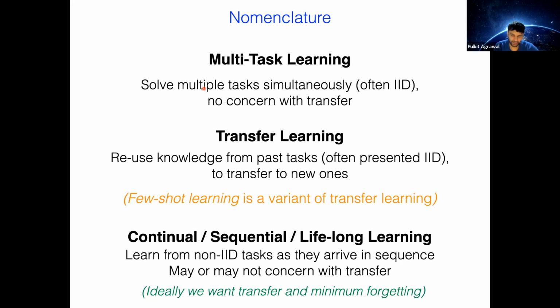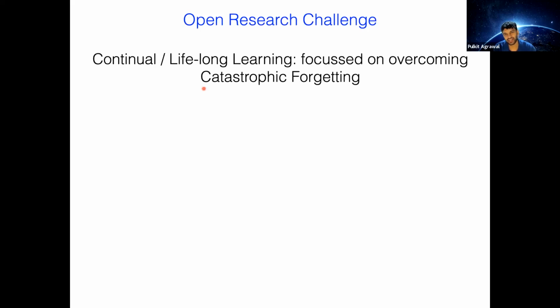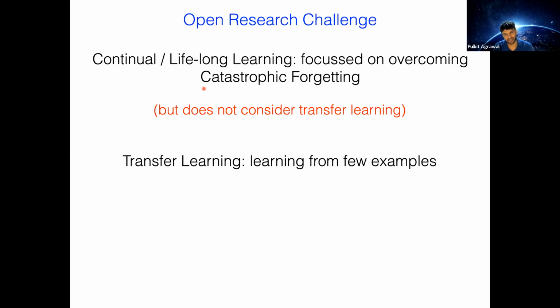But what has happened in the research community is that most of the research in this area has focused on overcoming catastrophic forgetting, but has not really looked at transfer learning. Now, transfer learning has looked at learning from few examples, but they assume that all the tasks are given at once. Right?